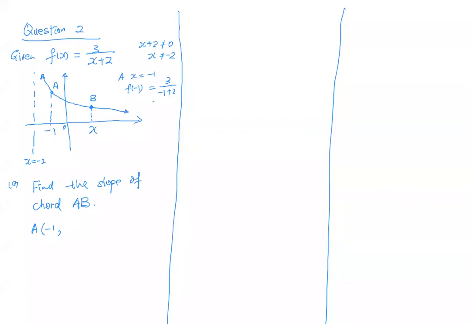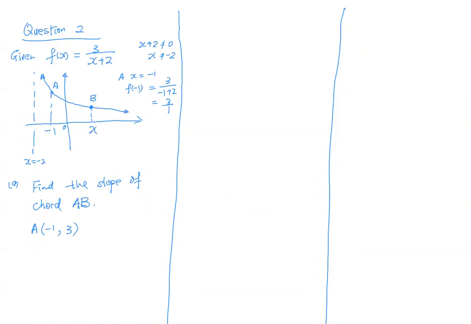What is the answer? 3 over 3? Cannot use calculator. I use my brain spinning. Simple calculation like that, you spin. 3 over 1. So it's 3.